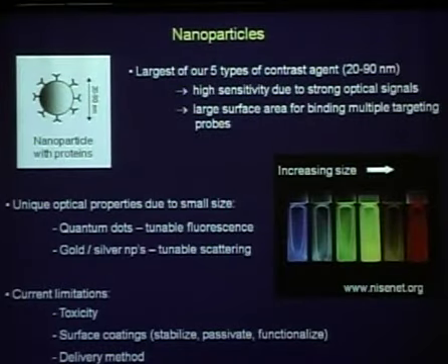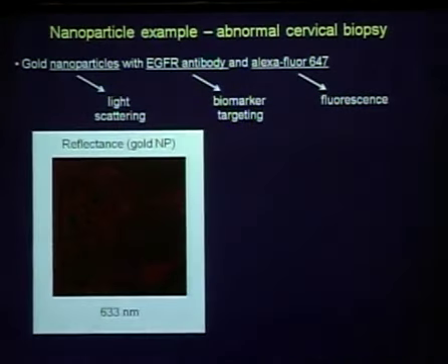And then finally, we've been looking at metallic nanoparticles, such as gold and silver nanoparticles. These are the largest of our contrast agents, ranging in diameter from about 20 to about 90 nanometers is what we've looked at. And we can target these with things like nucleic acids, with peptides, or with antibodies.